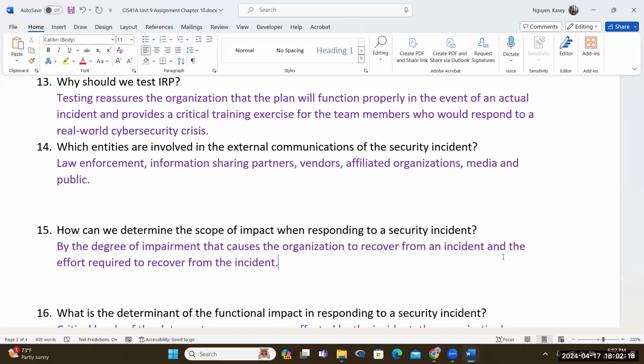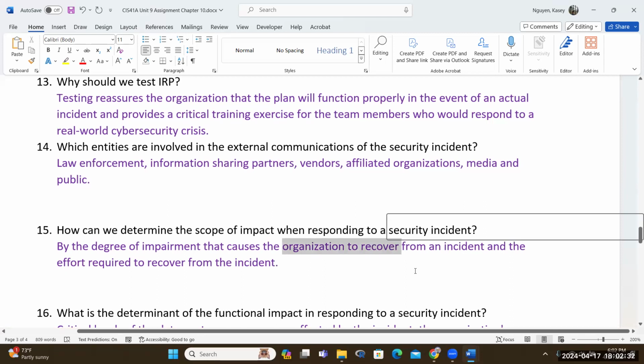Their situation was the most severe compared to their partners. Or, you know, it's still the same company, it's just a different entity. So how bad it is from recovery is what's going to determine the scope of impact.